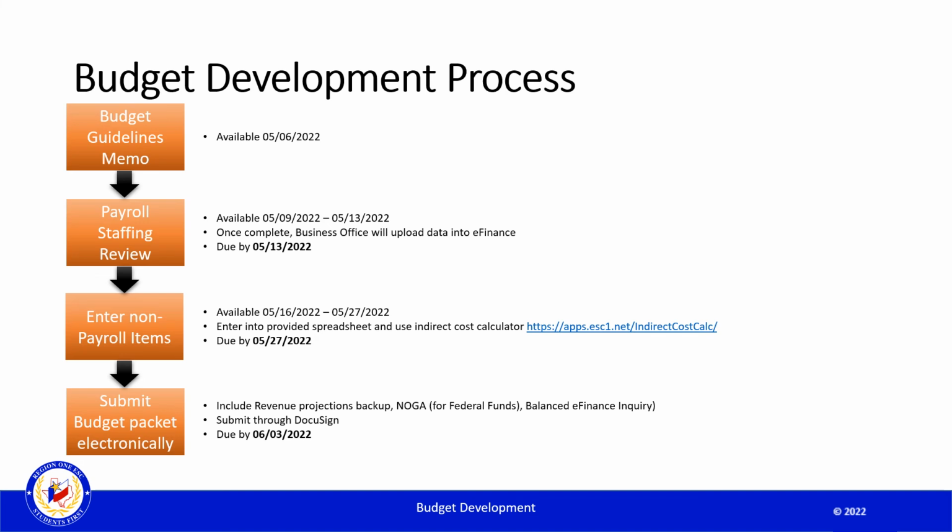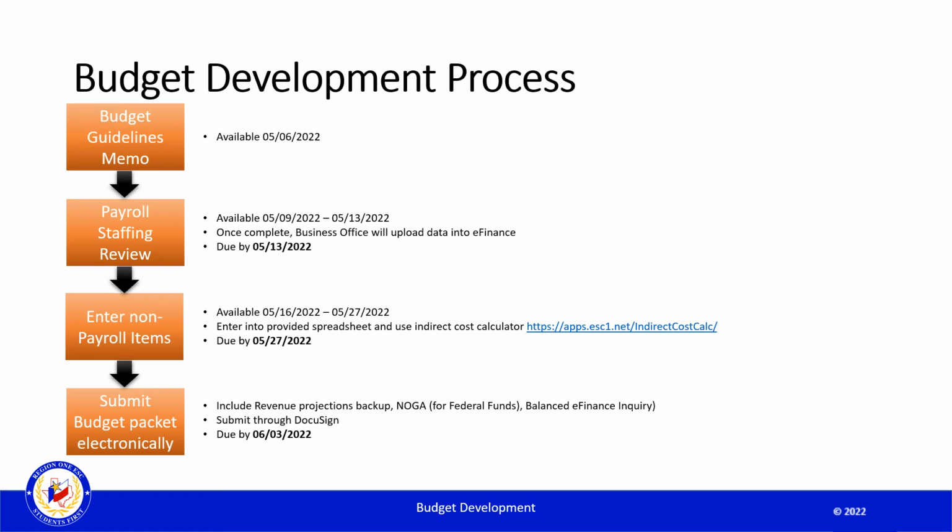The budget guidelines memo is the first part of our budget development process. The next part is the payroll staffing review. This is available to be reviewed and updated from May 9th through May 13th, 2022. The business office will upload this information into eFinance. This information will be due by May 13th, 2022.